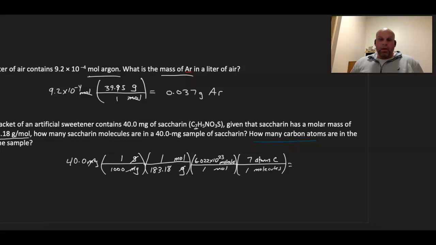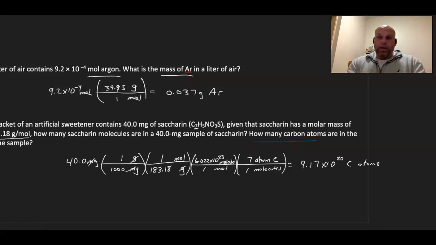Okay, so you can see here I could have stopped at molecules if the problem was asking for molecules, but if it was asking more specifically for atoms of carbon, then I need to take that additional step given the formula here. And I would have found this to be 9.17 times 10 to the 20 carbon atoms.